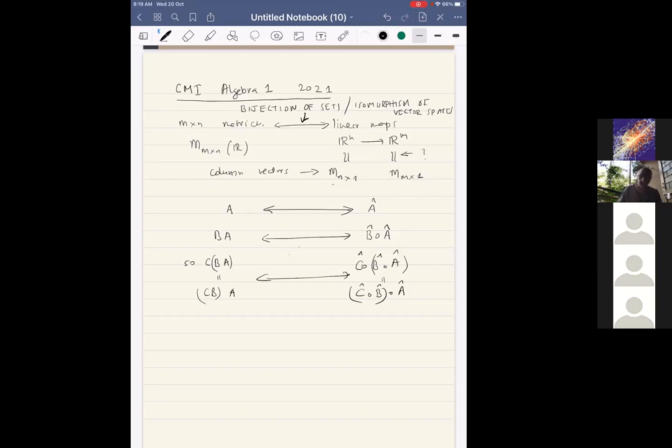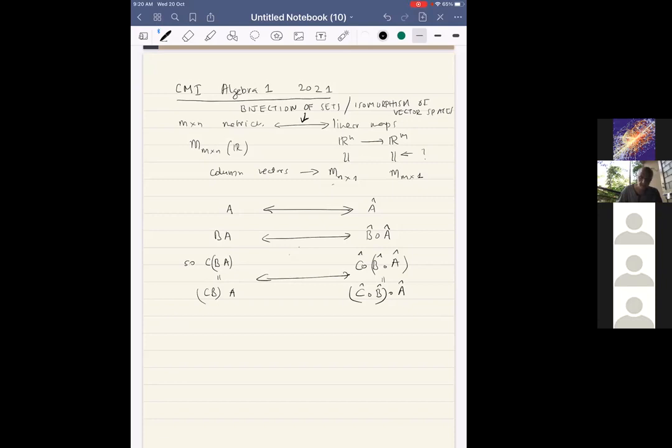For that matter, column vectors of length n and row vectors of length n are also naturally the same things. So I can take Rn and put it in bijection with row vectors of length n, so all three are different versions of the same vector space.